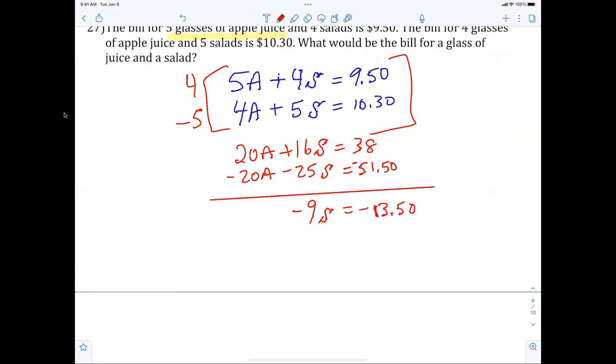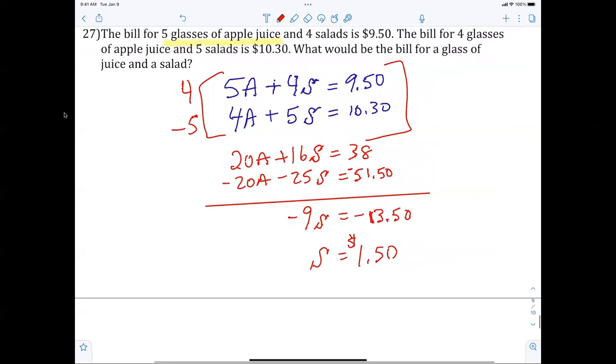Thank you for a right answer. So S was how much? I definitely suggest you have your calculator for Wednesday. $1.50. So the salad costs $1.50.